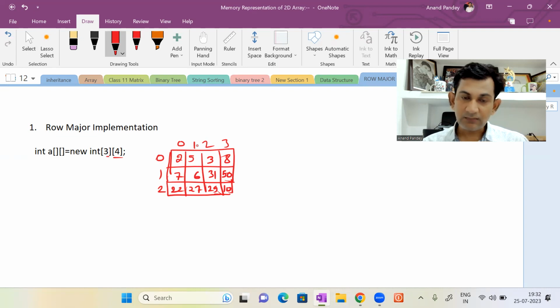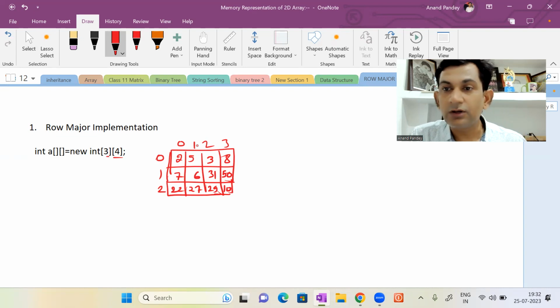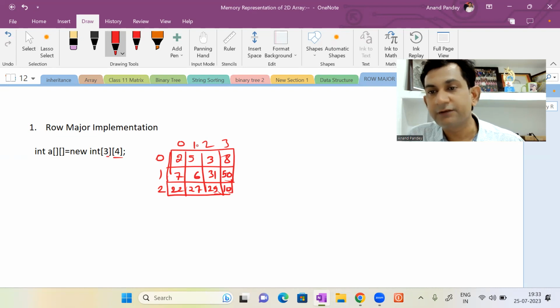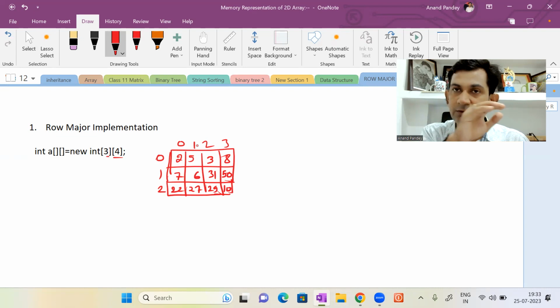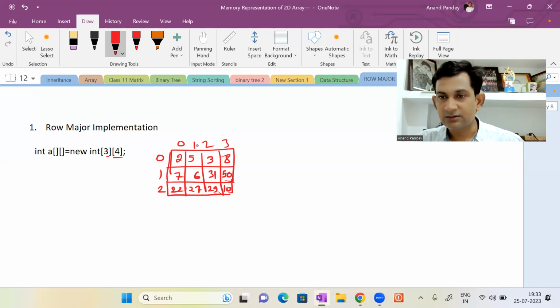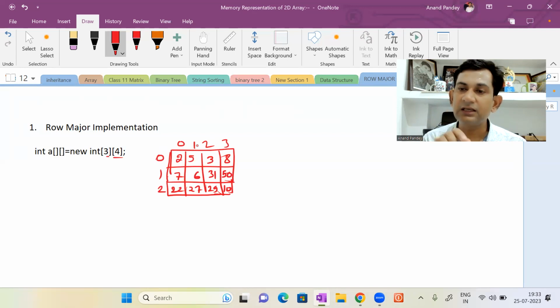Listen. But actually, memory is not allocated in this tabular form. This is the concept which I'm going to tell through this video. This we write for our convenience, so that we know each row separately: how many rows and how many columns there are, how many elements are in each row, and what the elements in each row are.